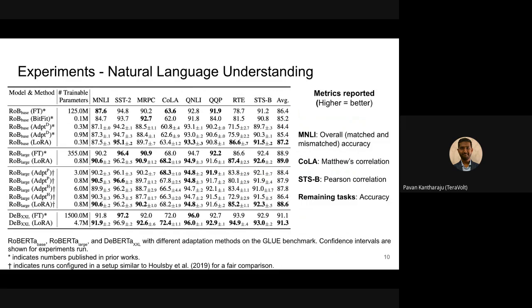So you have your fine tuning, your bias only tuning, your adapters, and also LoRA. And they apply these models and the tuning methods to a bunch of different tasks from the GLUE benchmark. From their results, at least for natural language understanding, they have some mixed performance. LoRA sometimes does perform well, but other times other methods perform better than LoRA.